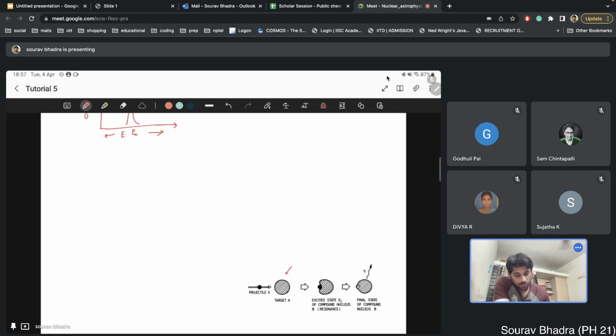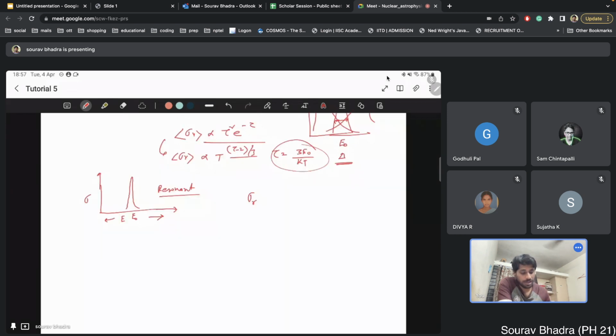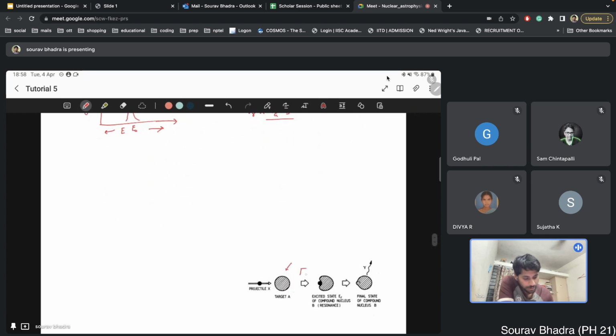For the two-step reaction, the sigma gamma, where sigma is the cross section and gamma I am writing because I am considering this type of reaction where the second part is gamma radiation, will be tau A by tau B. This was the partial width: tau A is the first reaction of making the compound nucleus, and tau B is the mechanism of emitting a gamma ray.